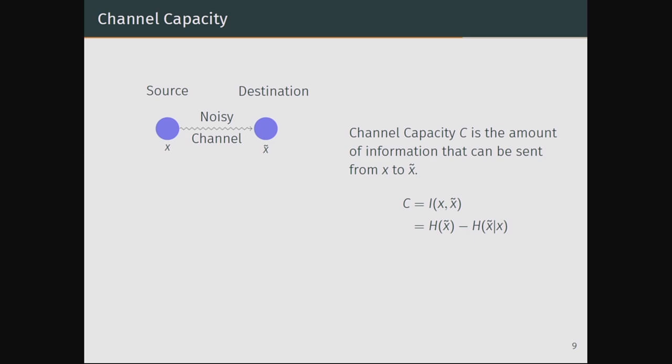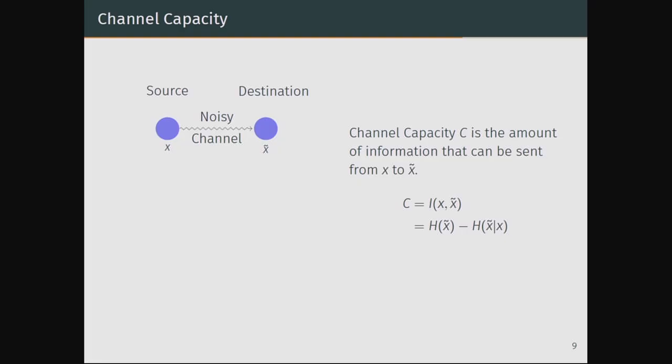This depends on the noise in the channel. So it's the amount of information you can push across the wire, or the mutual information between what I send and what she receives, right? And you can decompose this into the entropy of the received message, and then the conditional entropy of the received message conditioned on the sent message. You can also do it symmetrically.